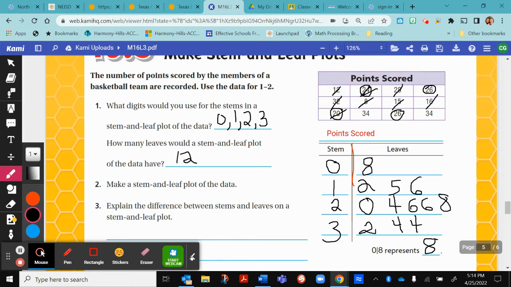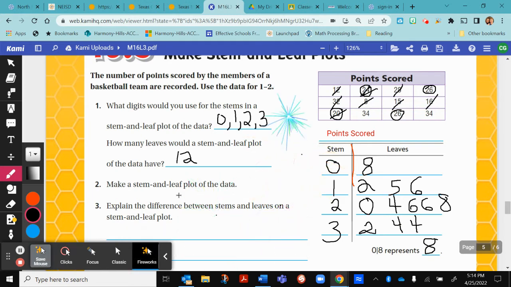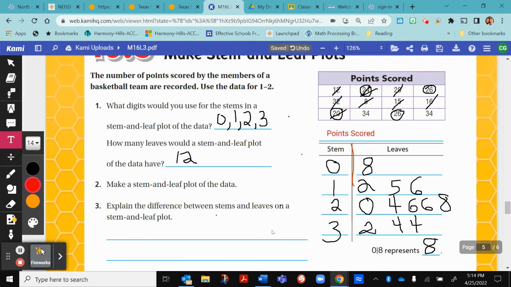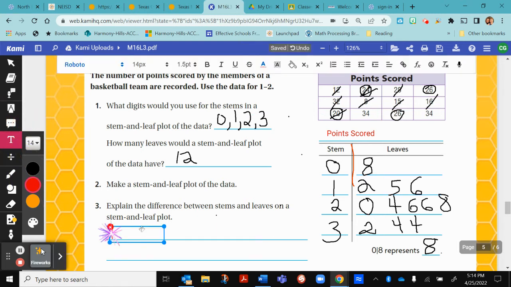Okay. Now the next one, yay, very good. So we got that so far. Now you're going to be typing in here and explain the difference between stems and leaves on the stem and leaf plot.